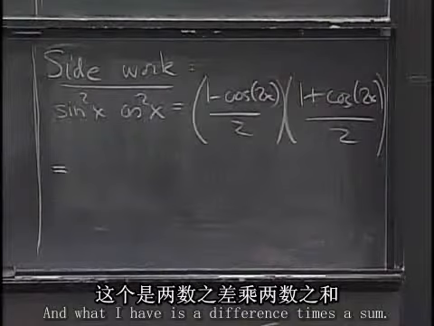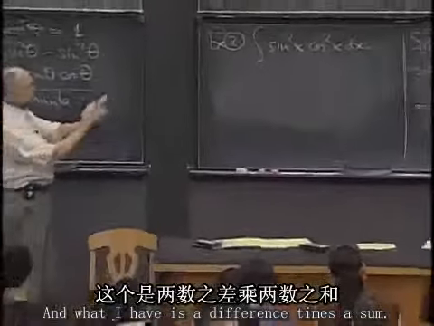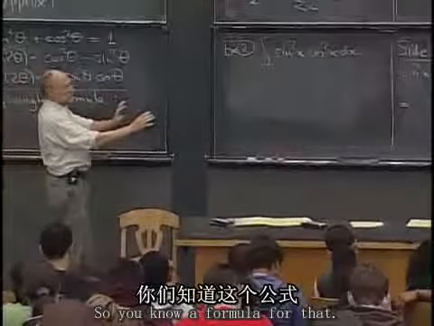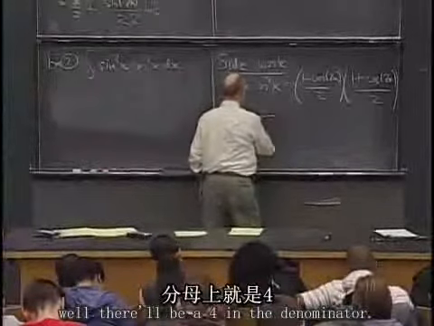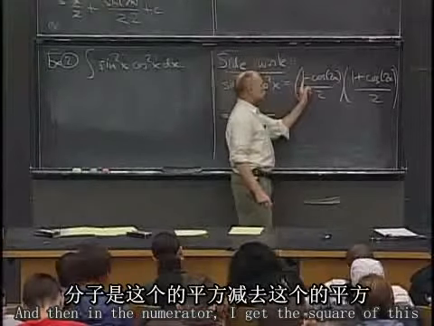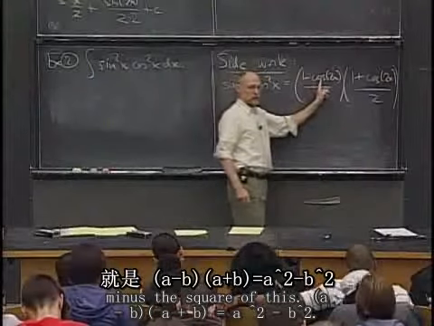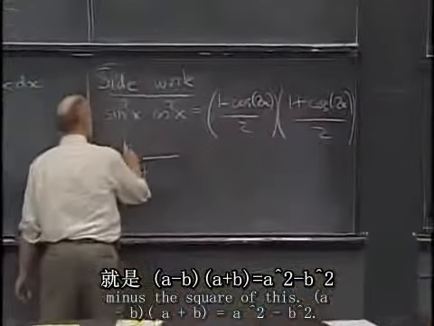What I have is a difference times a sum. So you know a formula for that. Taking the product of these two things, well, there will be a 4 in the denominator. And then in the numerator, I get the square of this minus the square of this, right? A minus b times a plus b is a squared minus b squared.